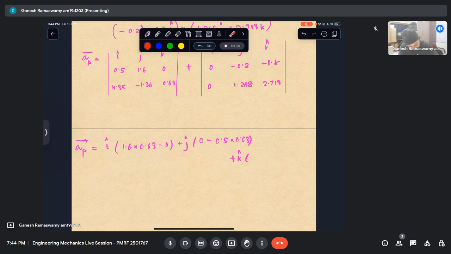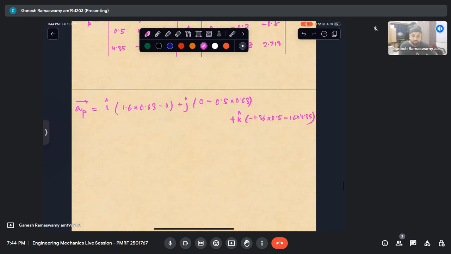So it will be minus 1.36 into 0.5 minus 1.6 into 4.35. This is just accounting for the first cross product. Then I need to add one more vector from here.